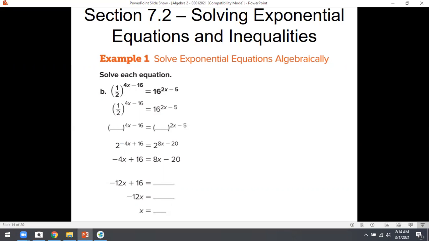Okay, I see a problem right off the bat. One of these bases is less than 1, correct? So here's what you do. Let me remind you of the rule. If you had a fraction, let's say a over b, and it's raised to some power, you can flip the fraction if you make its exponent negative.